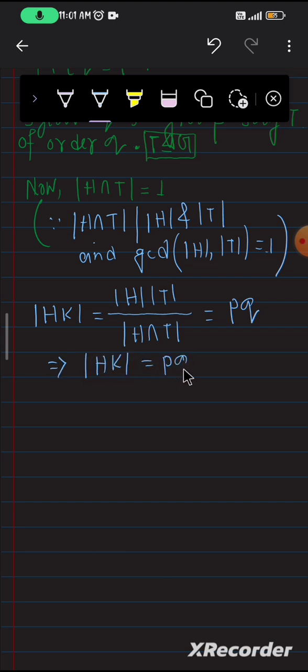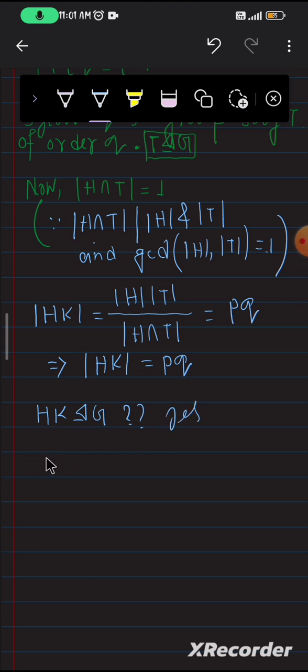Okay, and also we know a result. Can we say that HT is a normal subgroup of G? The answer is yes. Why?